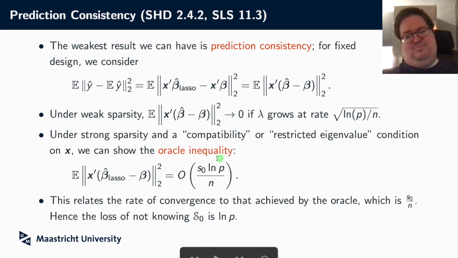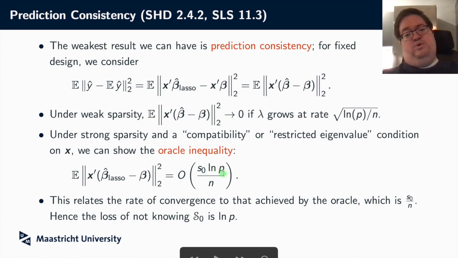And the interesting part about that is that we can compare it to how well the oracle that knows the true set of relevant variables does. What we can show is that the oracle has a rate of S0 over n. We have times log p for the lasso.